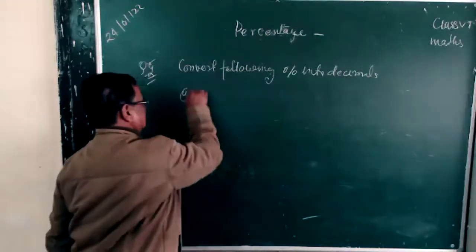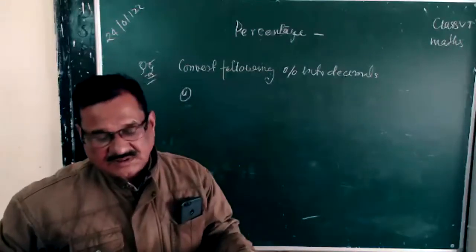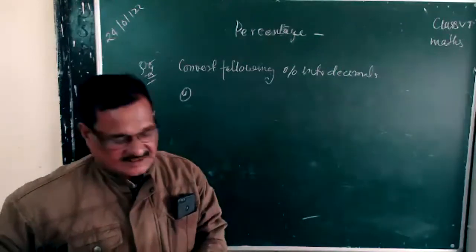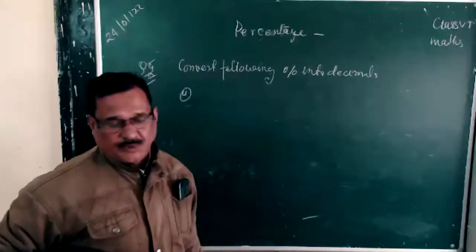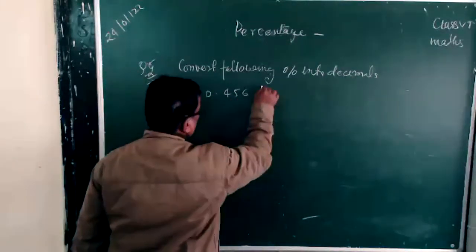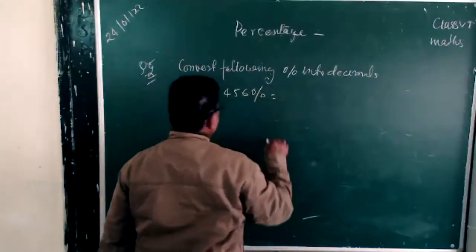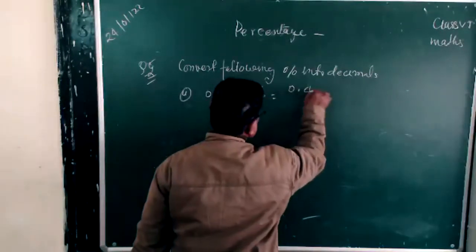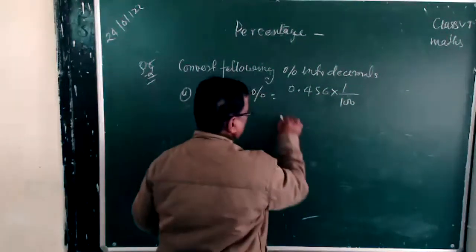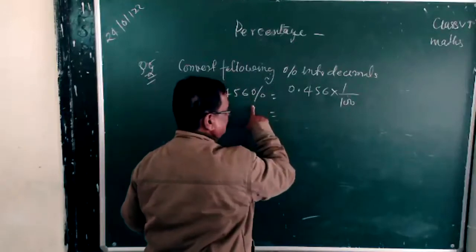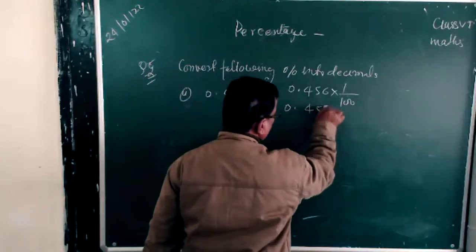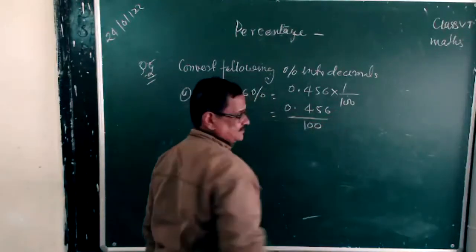See, first given 0.456%. That is 0.456 by 1 by 100, which is divided by 100. The percentage symbol is removed, so 0.456 divided by 100.